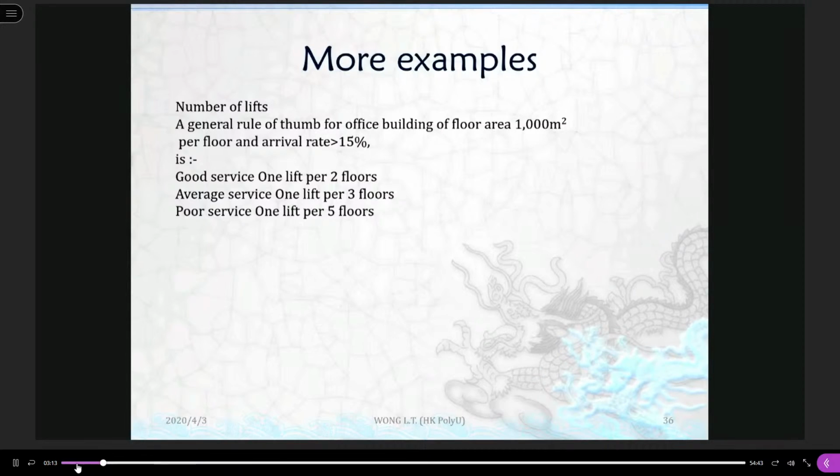On this page, I show some more examples where the rule of thumb is system dependent. Say, for example, the number of lifts. We do not have the number of lifts in our previous design guideline.